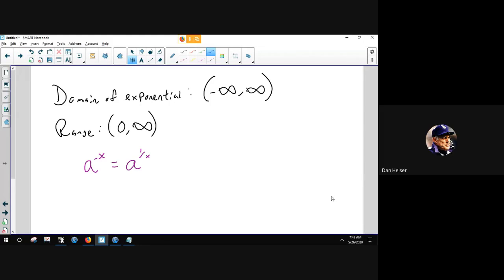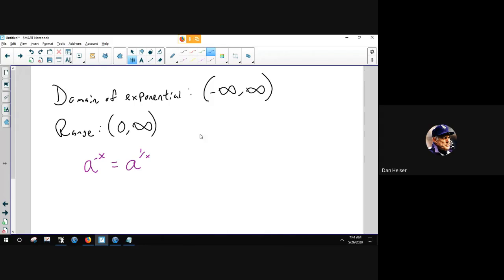Couple of things with exponentials. The domain is always going to be every real number. Range, unless it's shifted, is going to be all the positive reals. Again, if we shift it downward, that's going to differ a little bit.